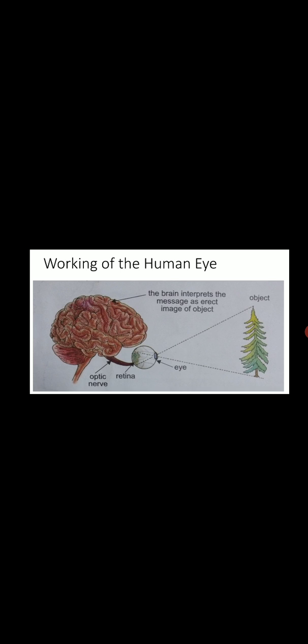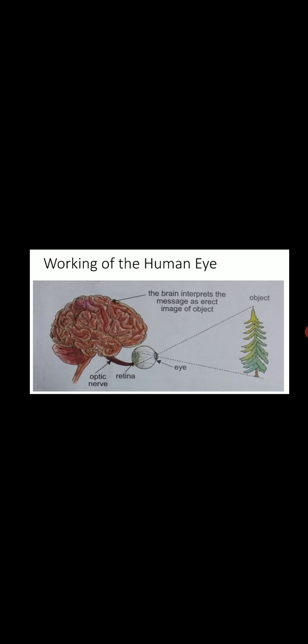We know that the convex lens is known as a converging lens, and because of the convergence of the light, a real and inverted image is formed on the retina. We know that the retina is a screen on which the image is formed in the eye, and the retina is present behind the eye lens at the back part of the eye.